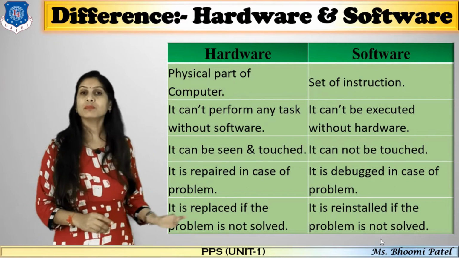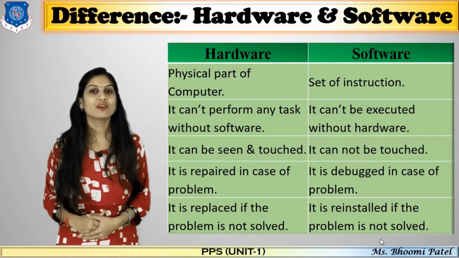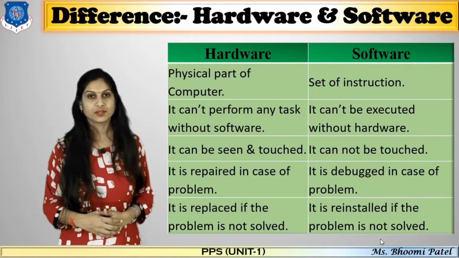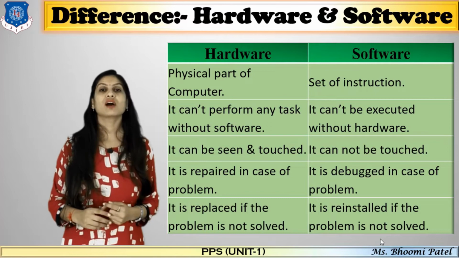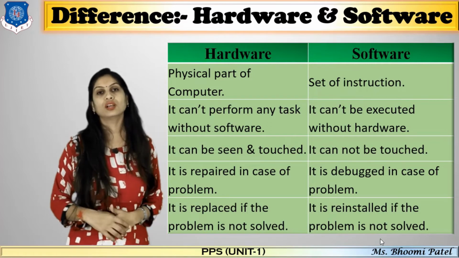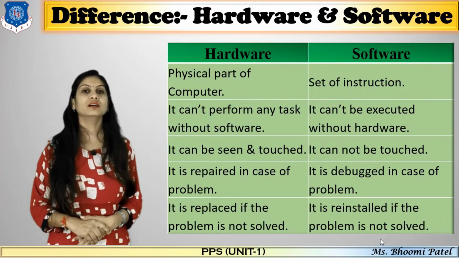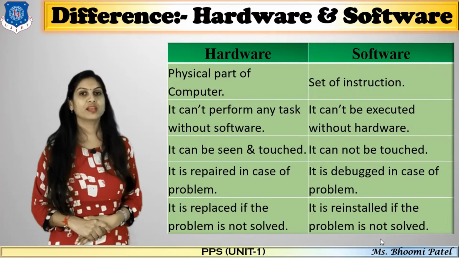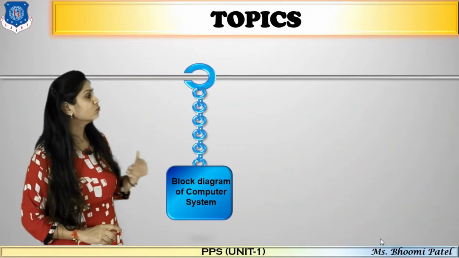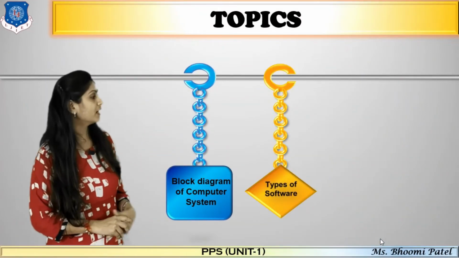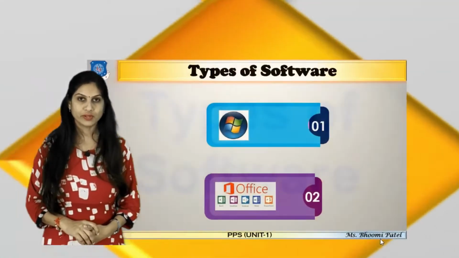And if the problem is not solved, then what do we have to do? In hardware we have to replace it, but in software we have to reinstall it. So these are the differences between hardware and software. Now move to the second part of our unit, that is types of software.